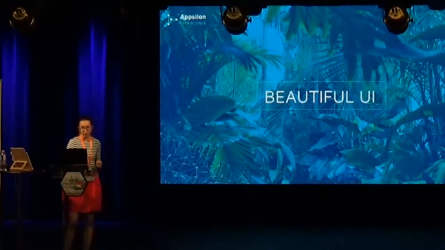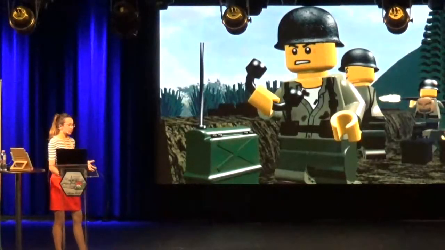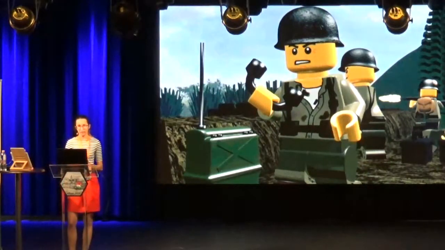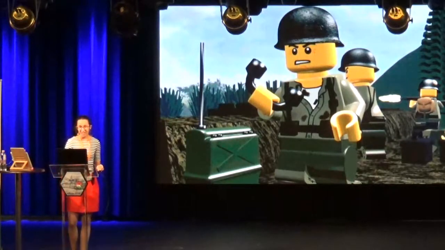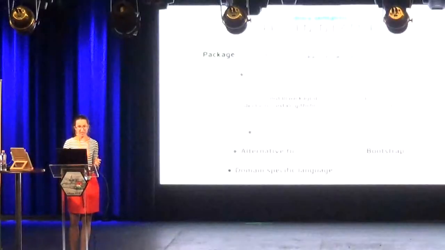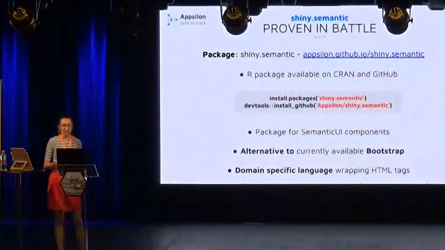So let's start with the UI. The first package I'm going to talk about has already proven itself in battle. It's been around for quite some time, and it's Shiny Semantic.